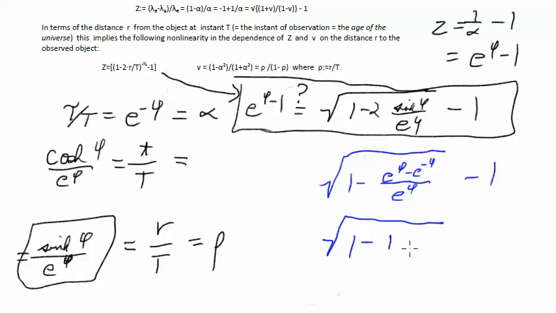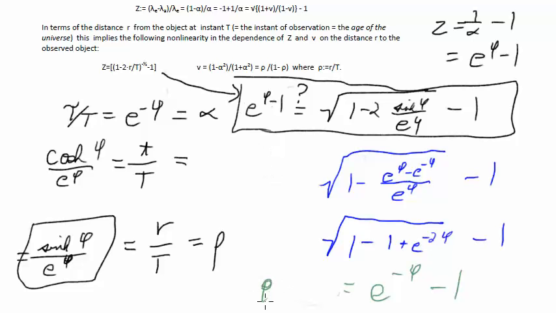E to the negative phi over e to the negative phi is plus e to the negative 2 phi minus 1, which is square root of e to the negative 2 phi, or just simply e to the negative phi minus 1 equals e to the... whoa, did I get e to the negative phi?